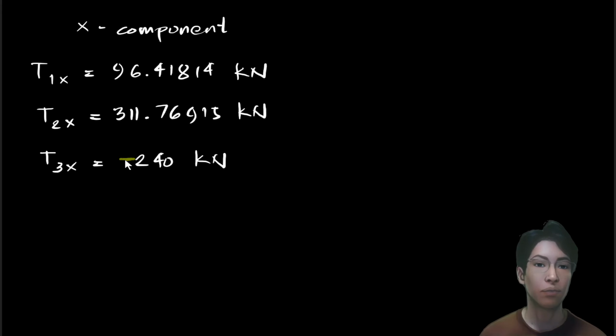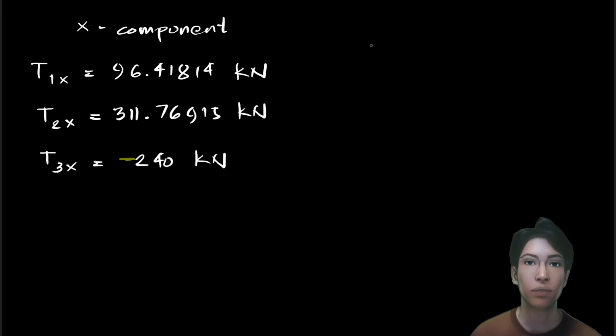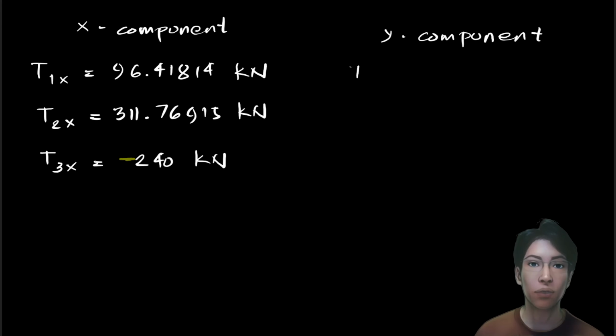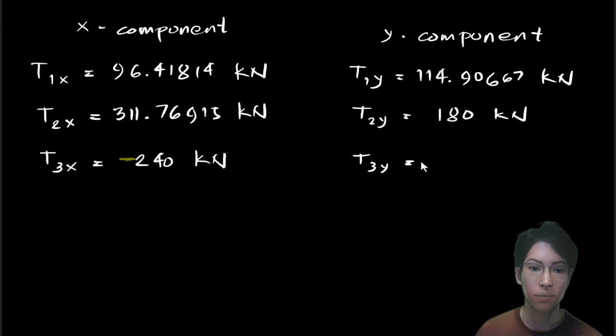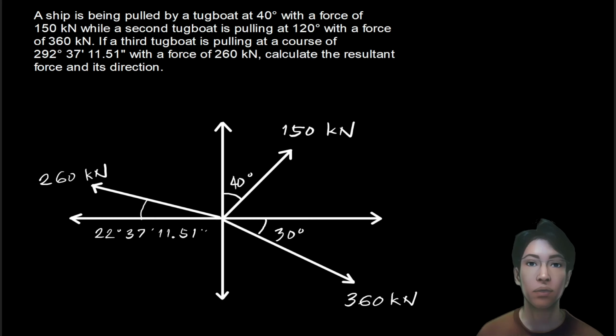Okay? So let's continue on the y component. T sub 1y is, and T sub 2y, and T sub 3y. Okay, so again, let's consider the sign.